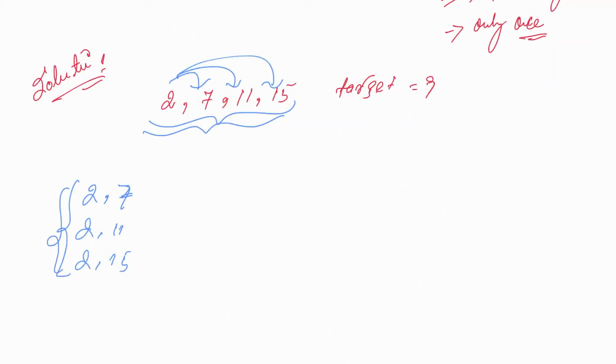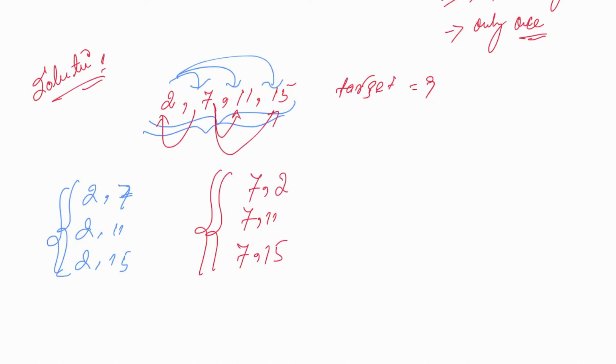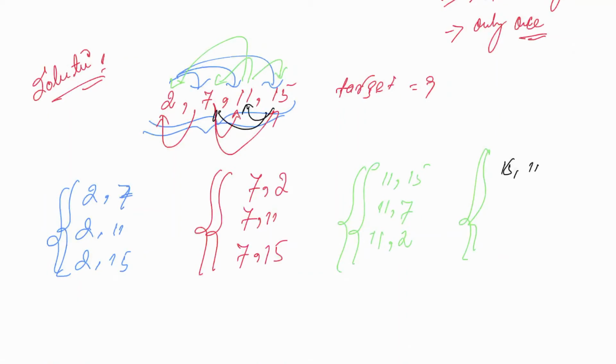Similarly, another set: 15 and 11, 15 and 7, and 15 and 2. So this is the number of different pairs we can create.